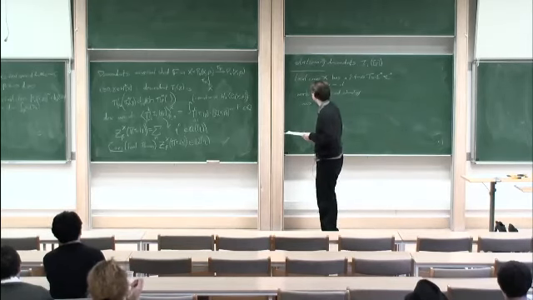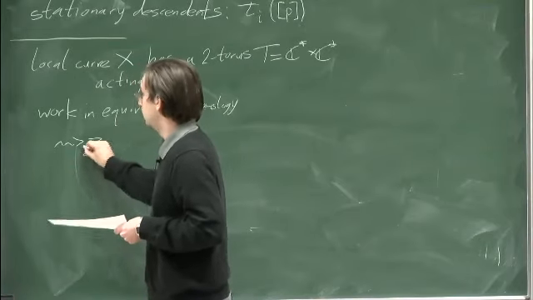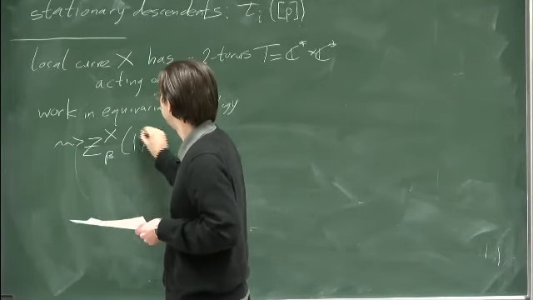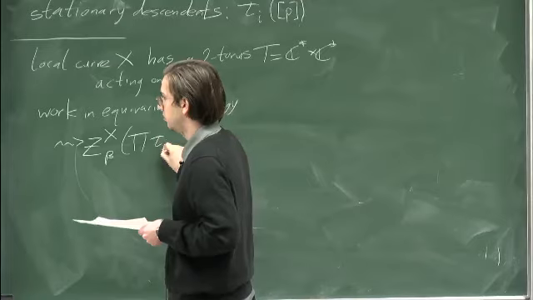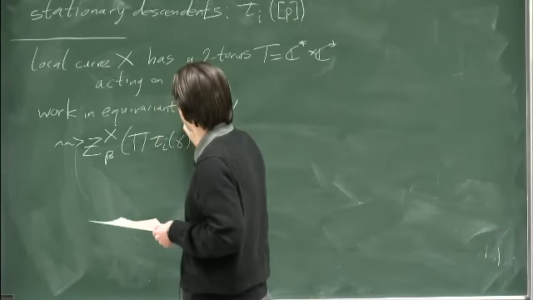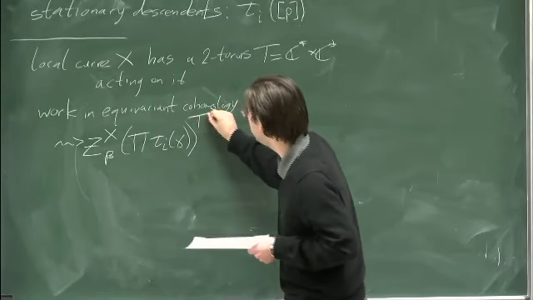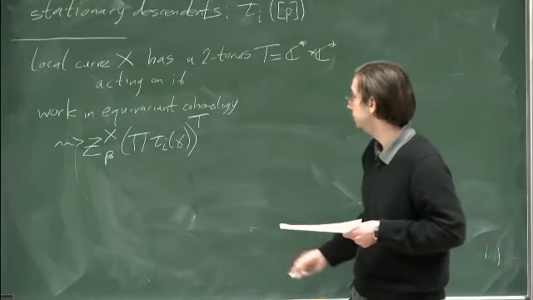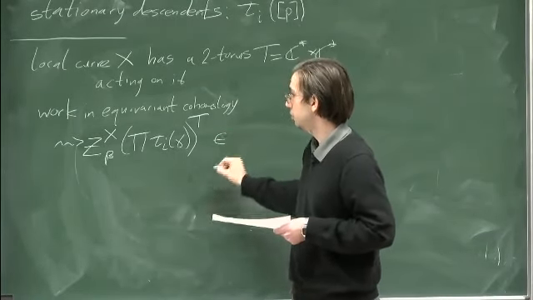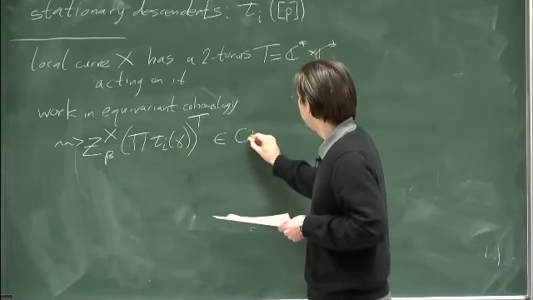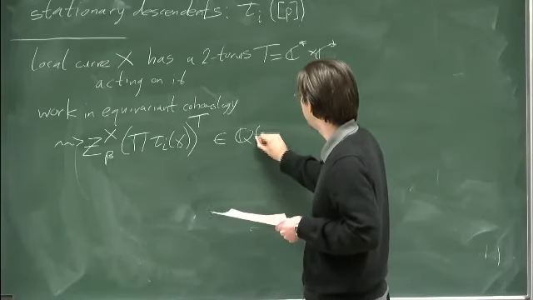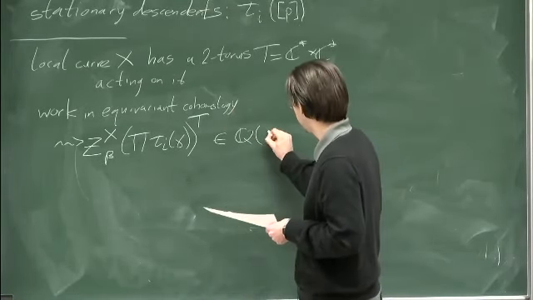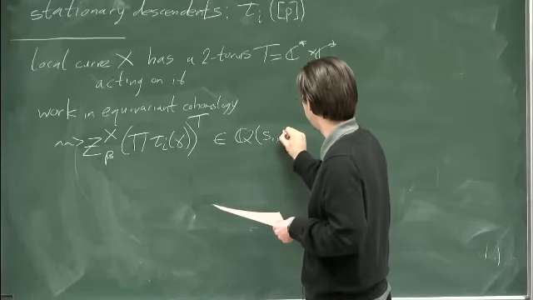So at the end, this partition function Z of X, beta, I put the T here to denote the equivariant version with respect to this action of T. This will be a priori still a Laurent series in Q, but the coefficients will be rational functions of s1, s2.